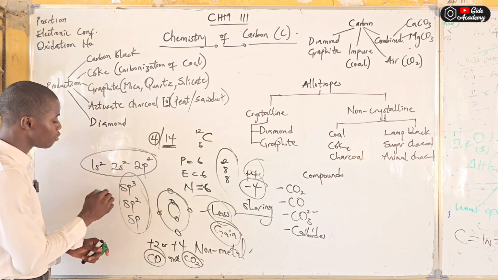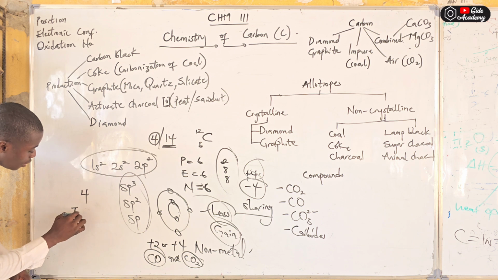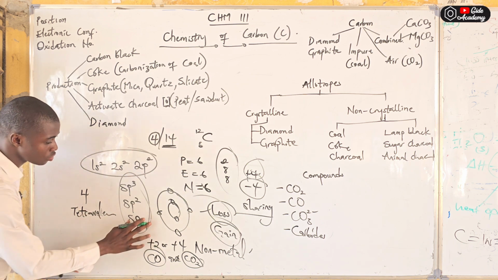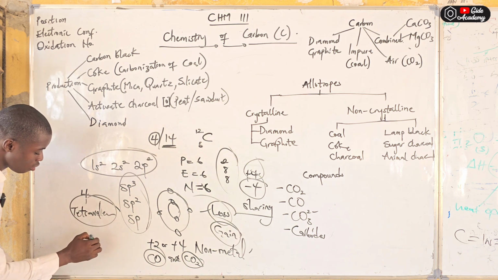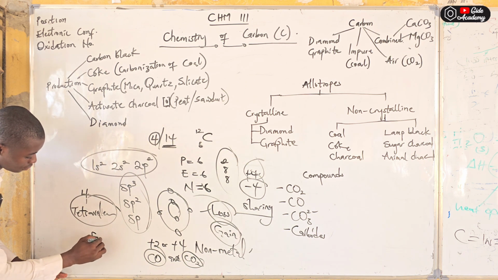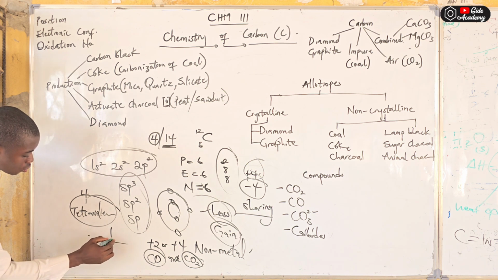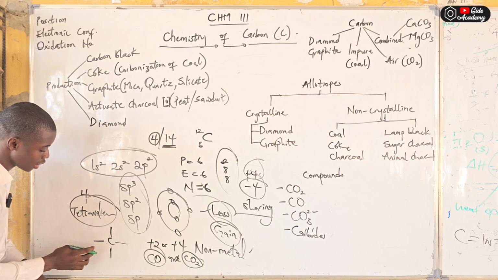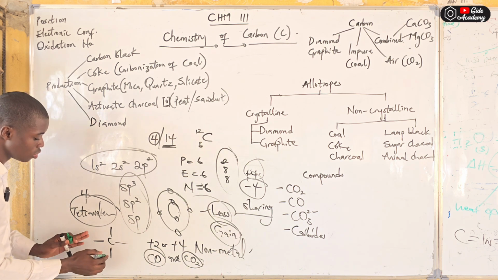As long as the carbon atom is found in group 4, we believe that carbon is tetravalent. That's to say, it has 4 electrons in the valence shell, and because of that, carbon forms a structure like this. This is how the structure of carbon looks. Carbon has the ability to be bonded to 4 substituents for the carbon atom to be stable.